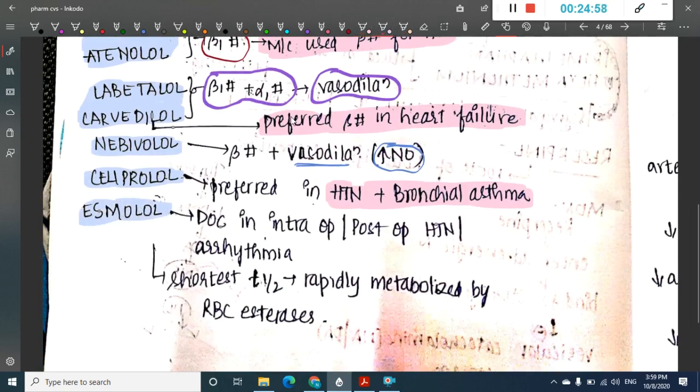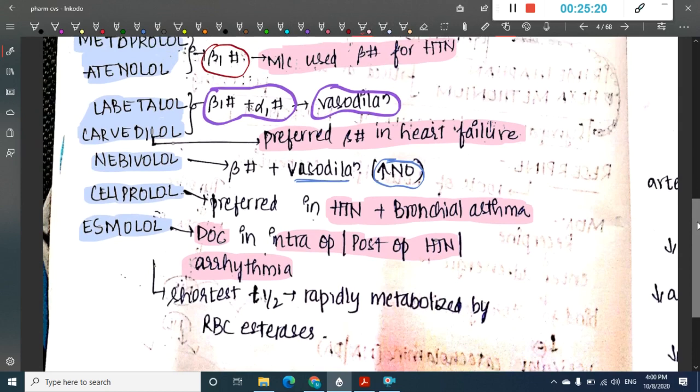This esmolol is the drug of choice for intraoperative or post-op arrhythmias, intra-op and post-operative hypertension or arrhythmias. Okay, during surgeries you can give esmolol. Why? Because it has a shorter half-life and can easily be metabolized by RBC esterases.